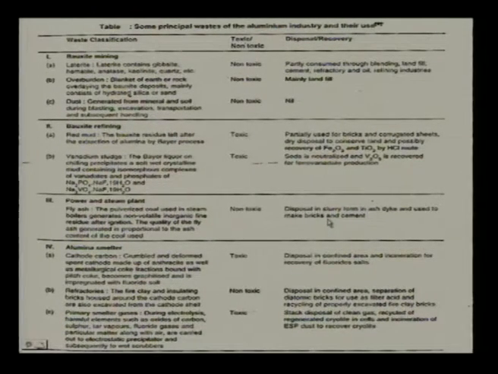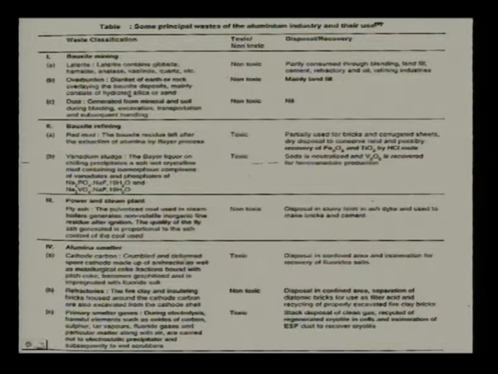People are finding use of fly ashes, but there is a problem here. In many countries, say in Europe, Poland and all, they do not allow use of fly ash bricks for making houses, because they are radioactive. They are allowed for making roads and other things, not at all for houses, not where too many people are coming in that environment. In our country, we still do not have that restriction.